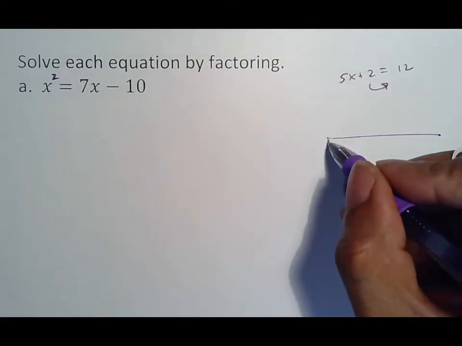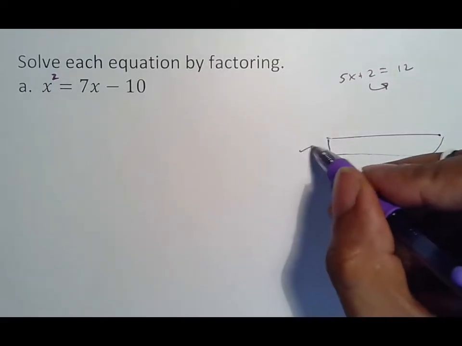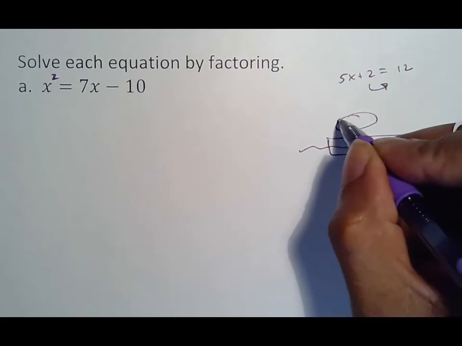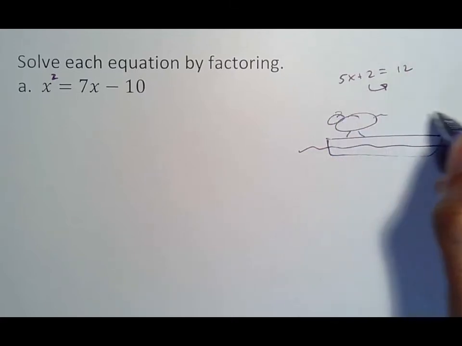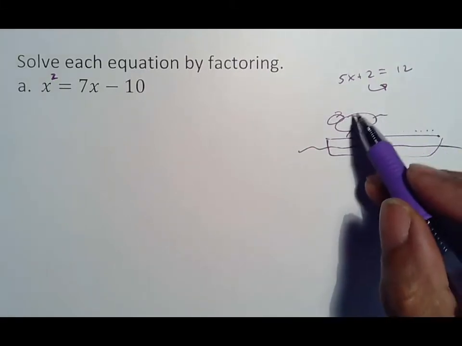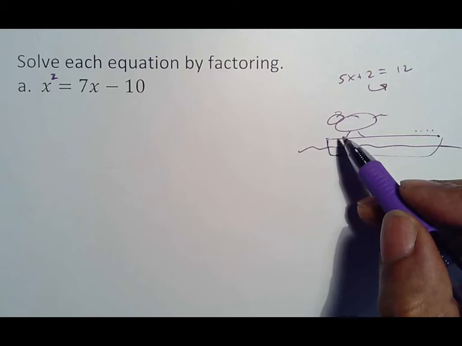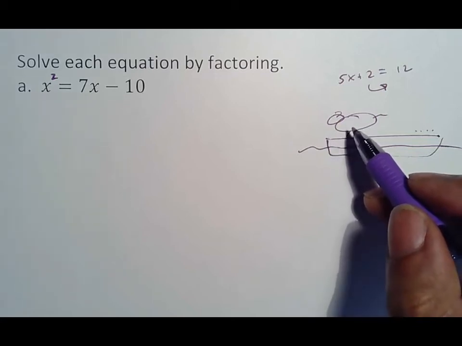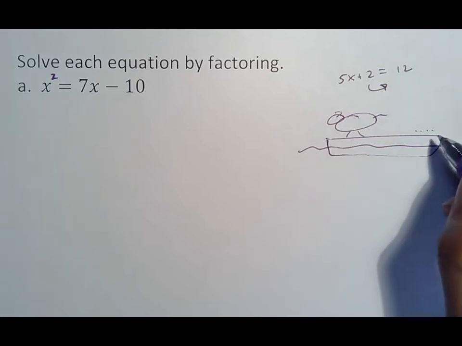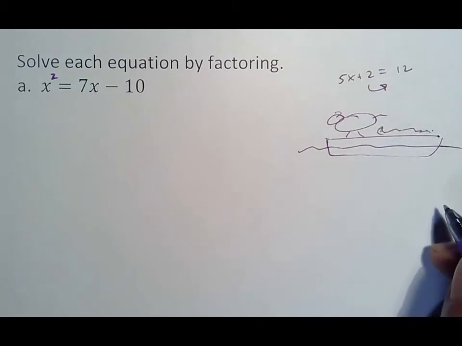So I have a boat here, which is not going to be great. There's water, and there's a big old elephant on the boat. Sorry, I don't know how to draw an elephant. And there's a bunch of little things over here. Well, what's going to happen if there's an elephant on the boat, although it looks like a dog or some kind of sick dog? Anyway, if there's an elephant here, this boat is going to tip, which means everything over here is going to tumble to that side.